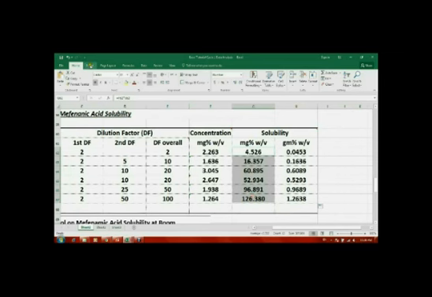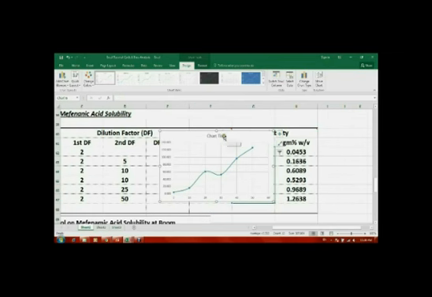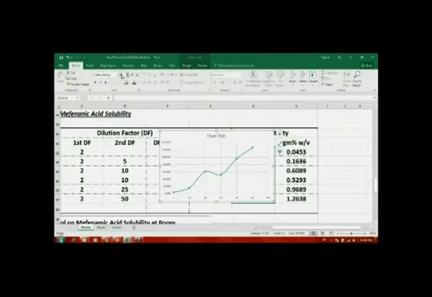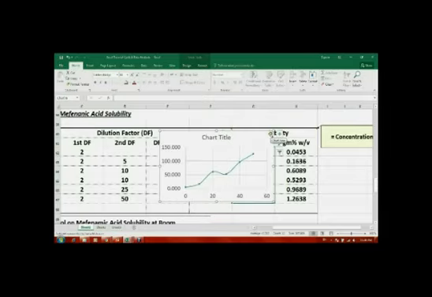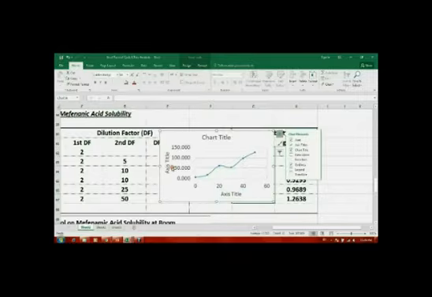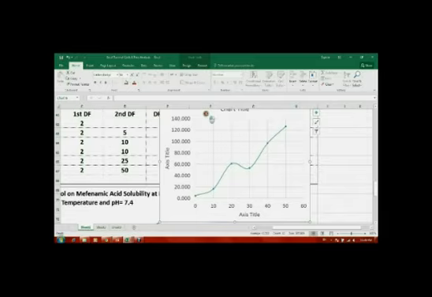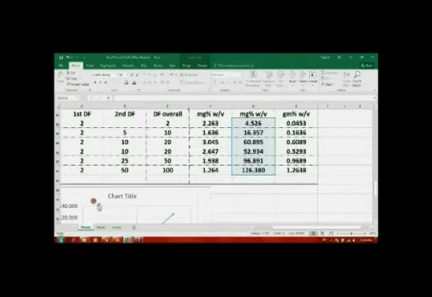Now, plot a chart or a curve to represent the effect of ethanol percent volume per volume on the solubility of mefenamic acid. This should be done via plotting the solubility in milligram percent weight per volume versus the ethanol percent volume per volume.